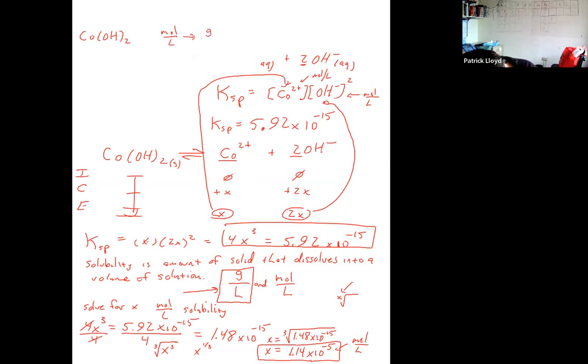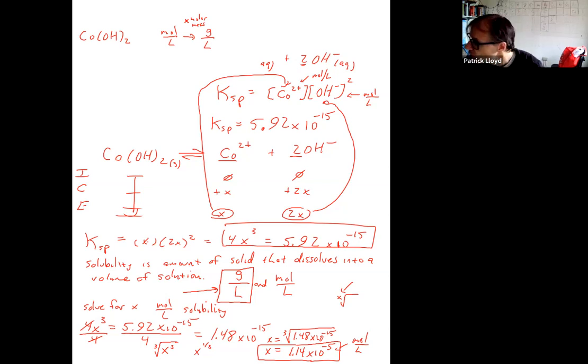I hope you remember how to do that. The liters are going to be the same. We're converting from moles to grams. So typically what you do is you multiply by the molar mass. If you take concentration in moles per liter and multiply that by the molar mass, that will convert from moles to grams. So we need to know what the molar mass of the cobalt hydroxide is.